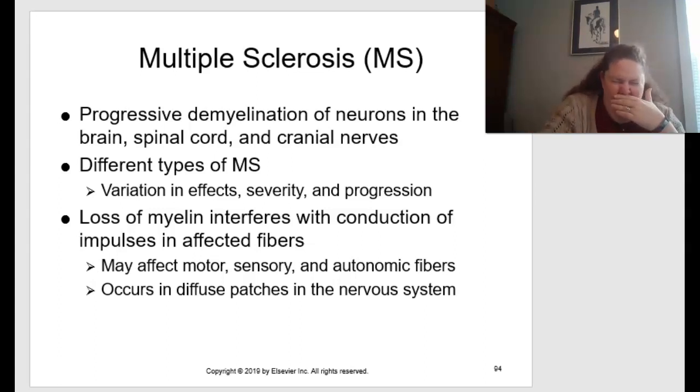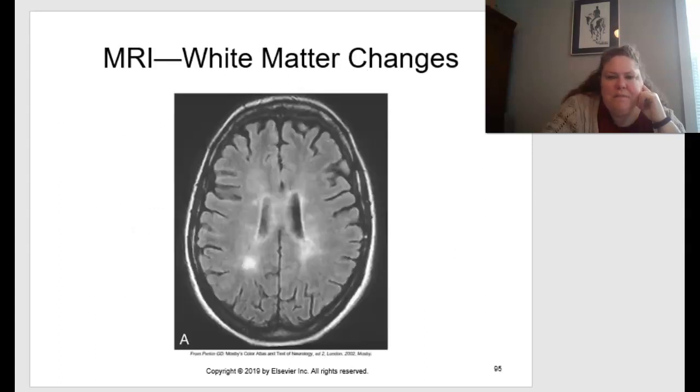There are different types of MS, and they have a variation of effects and severity and progression. You have the loss of myelin that can interfere with the conduction of impulses in the affected fibers, and these may affect motor, sensory, and autonomic fibers. And these occur in different patches in the nervous system.